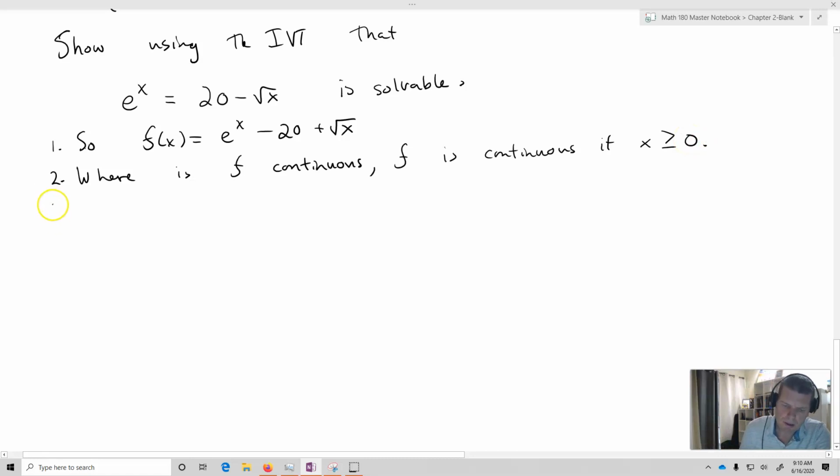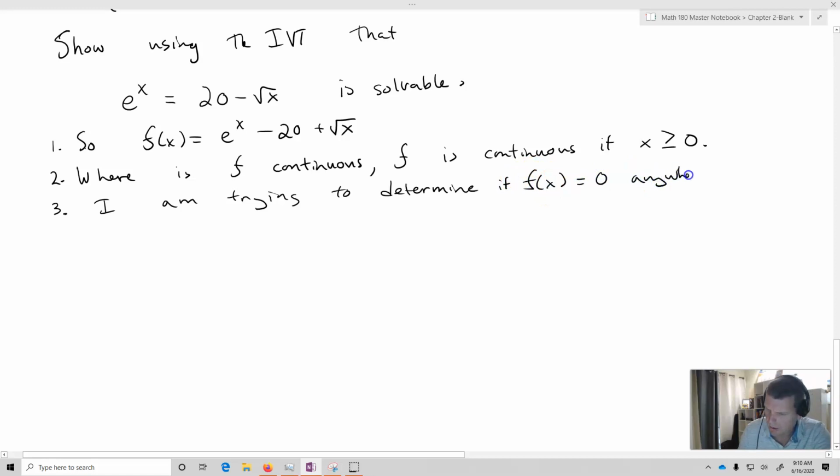Now, third, I am trying to determine if f of x equals 0 anywhere. So I'm going to need to define some x's, so I need to define an x interval.